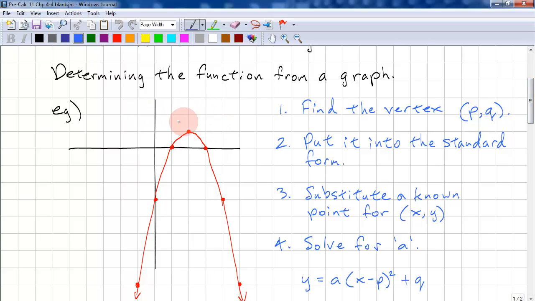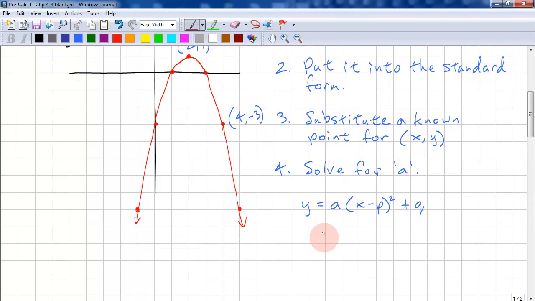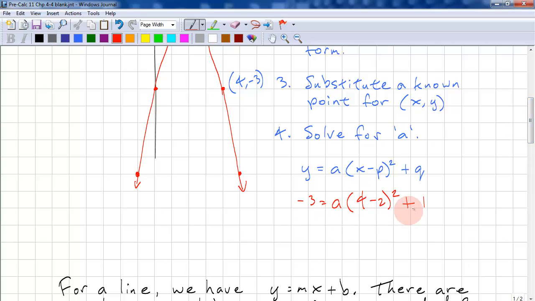So the vertex, we see this is (2, 1), and we're going to use a known point, (4, -3). So we substitute this in for x and y. -3 equals a times (4 minus 2) squared plus q, which is 1. Move the 1 over to the other side, that's a -1.